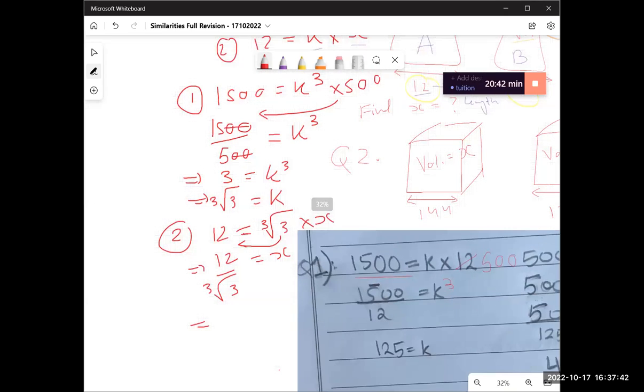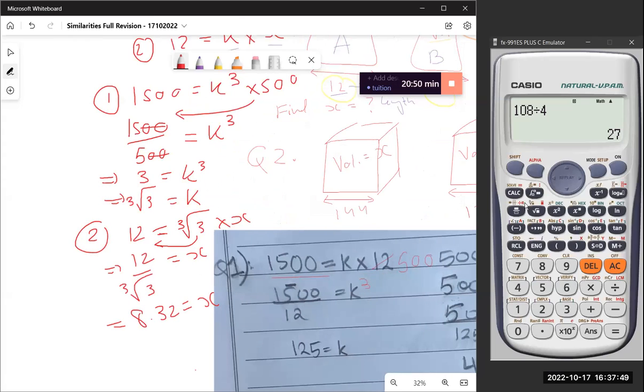Just a second, it's going to be 8.320. Fine. Now, do you know how to take cube root in your calculator? Diana, do you know how to use cube root in your calculator? Shift and the cube root. Square root, right? Cube root, right? Yeah. Fine. So we'll just do 12 divided by cube root of 3. I hope you don't have a question now in this. Can I move on? Second question.